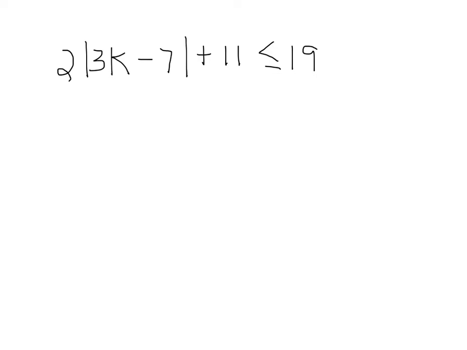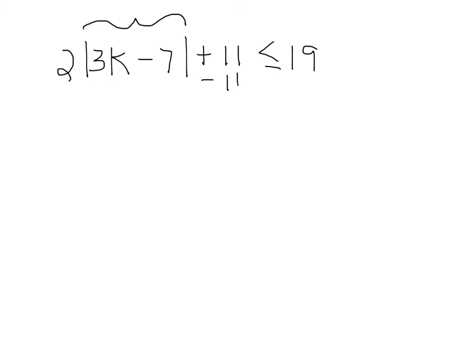Okay, so this has a lot more stuff with it. Stuff that's beyond just the absolute value part of the equation or inequality, which is right here. So just like always, we have to isolate our variable. And before we can do the absolute value part of this, we need to get rid of all this other stuff.